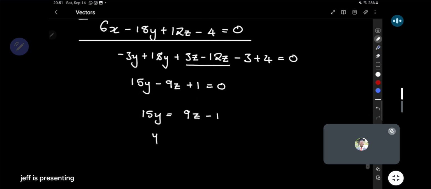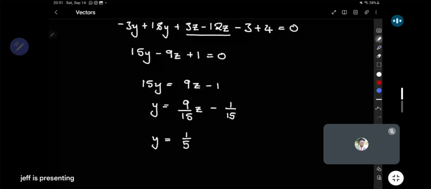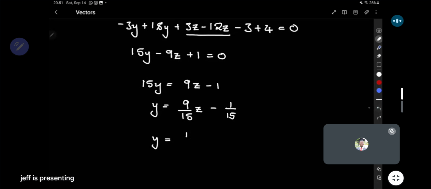So that now y is equals to 9 over 15z minus 1 over 15. So this is y is equals to, not 1 over 5, 3 over 5. 3 will go 3 times there, then 3 will go 5 times here.